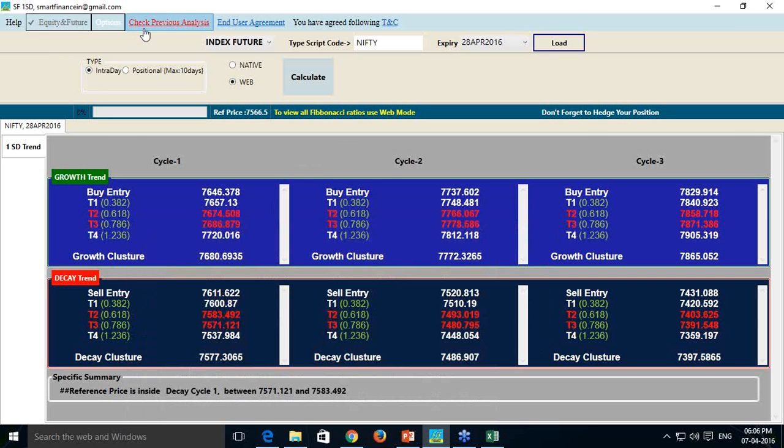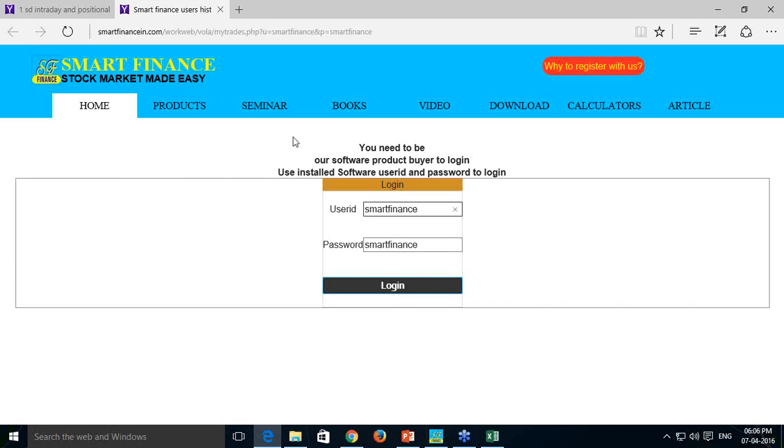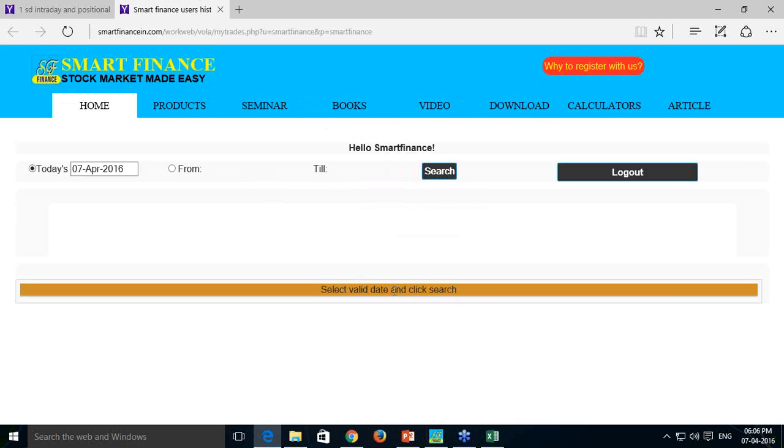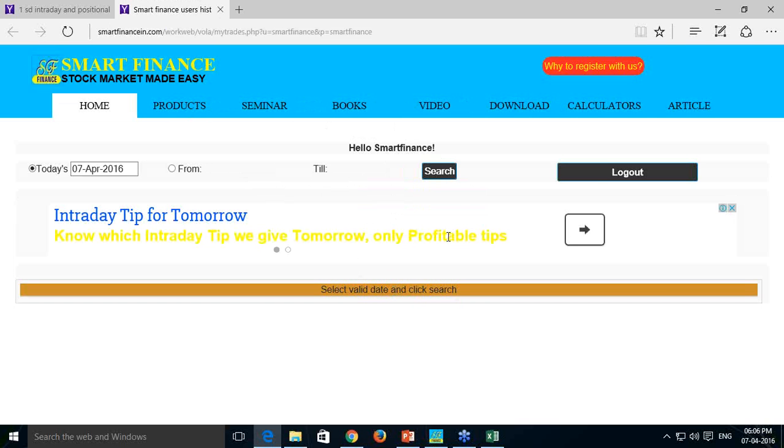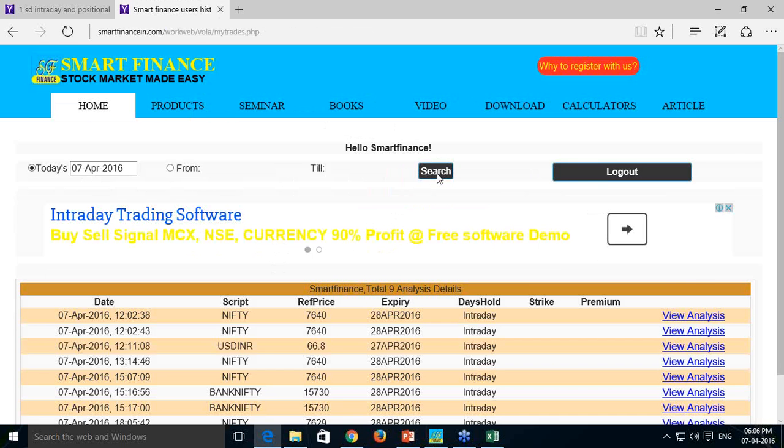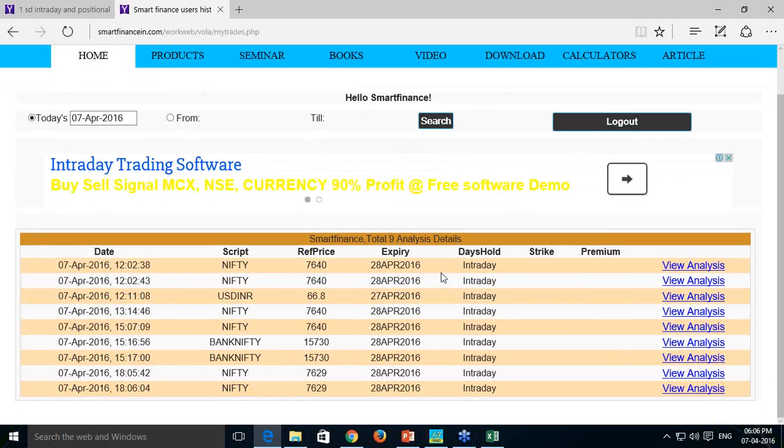Besides this analysis, it has one feature to check your previous analysis. If you click here, it will take you to a page where you can log in. Your user ID and password will be reflected, so you can log in. Whatever trades or analysis you have done in a day, you can see.